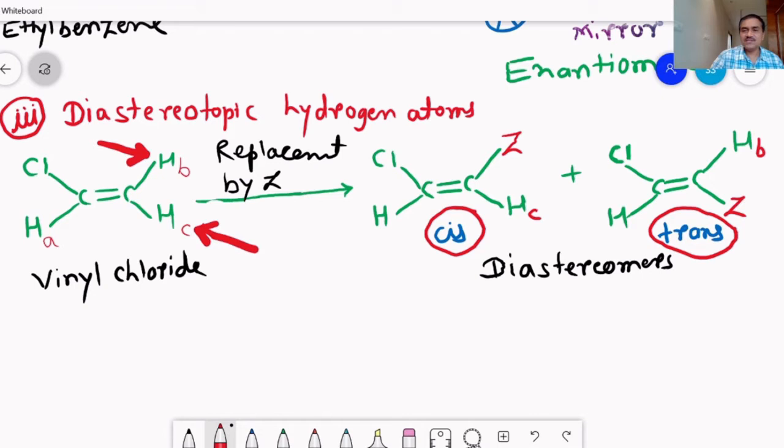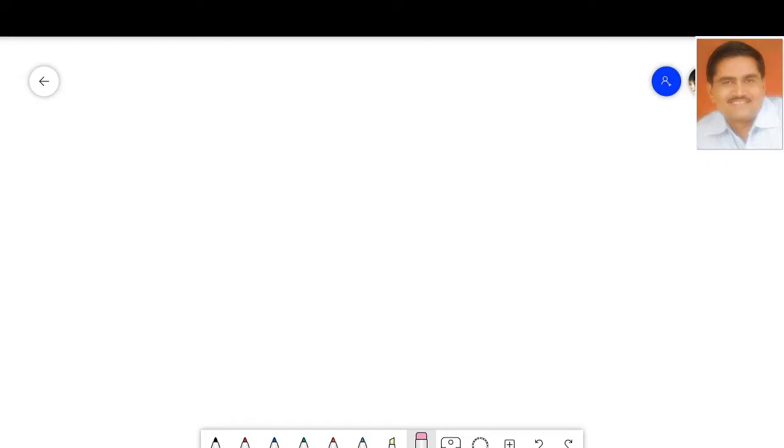The relation between cis and trans is geometrical isomerism, and hence they are diastereomers, and such type of protons is called diastereotopic hydrogen.